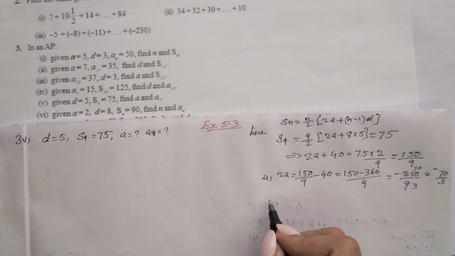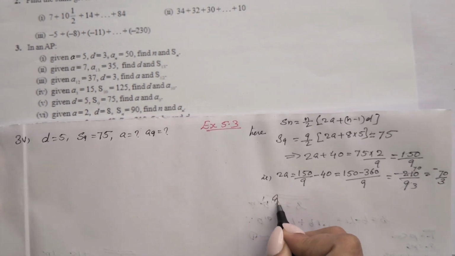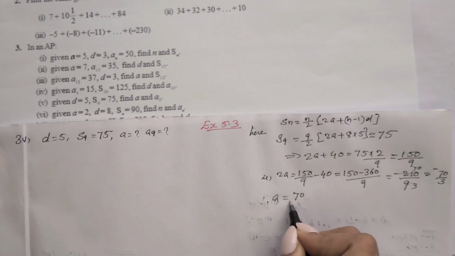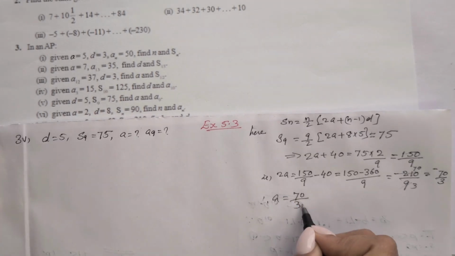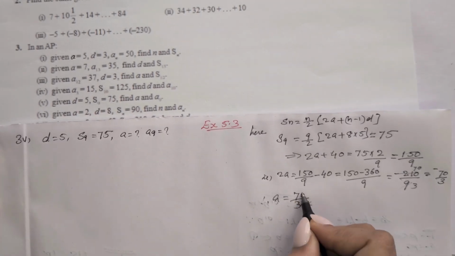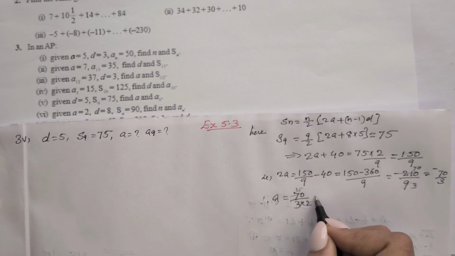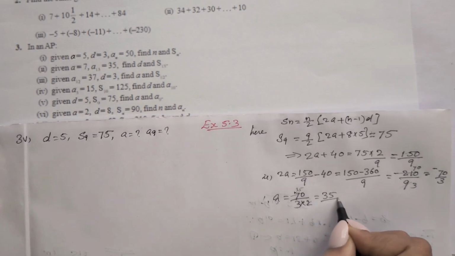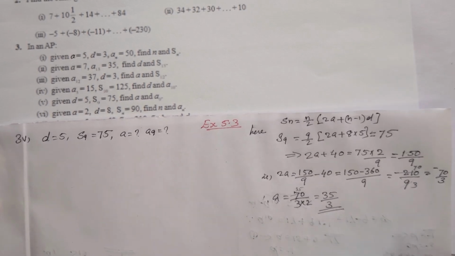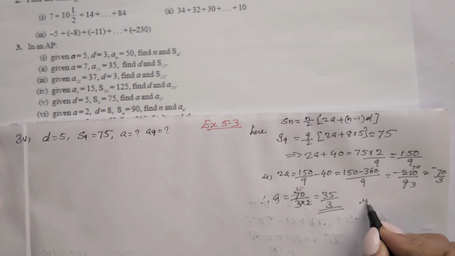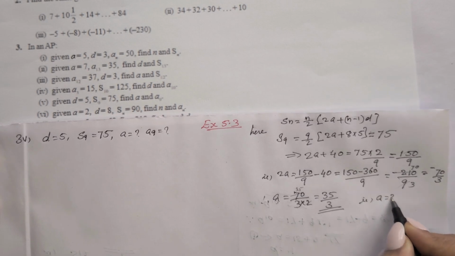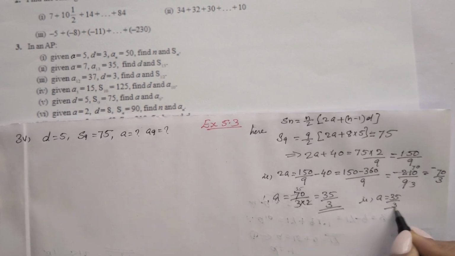That is 2a. Therefore, 2a is equal to minus 70 by 3. This 2 will come down. Divide 35. So minus 35 by 3 is the first term. That is a is equal to minus 35 by 3.